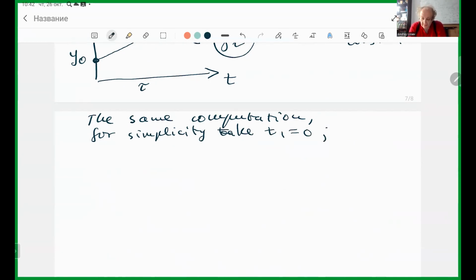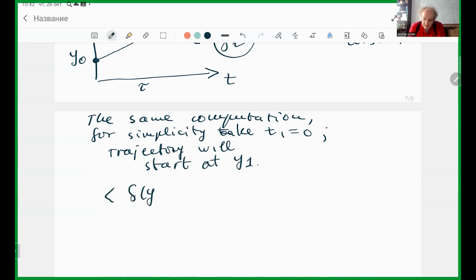So the trajectory will start at y1. Remember that we study the delta function of y minus y1 at point 0, the function at point t2. And now the new observable of u at point tau.